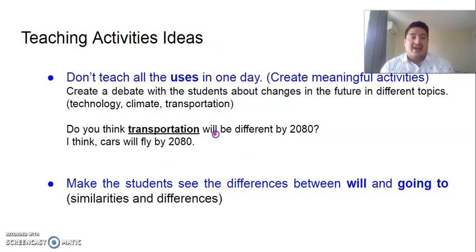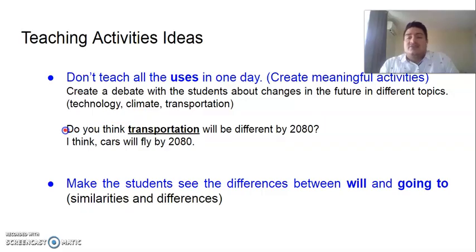Here I have some teaching ideas of how we can teach the simple future. Don't teach all the uses in one day, because that's too much information. And try to create meaningful activities. When I say meaningful, I mean real activities. For example, you can create a debate with the students about the changes in the future with different topics like technology, climate, transportation.